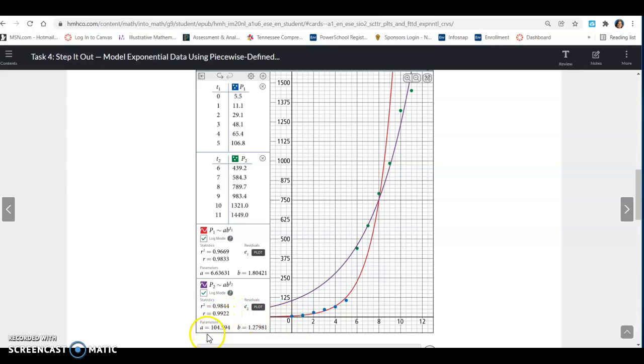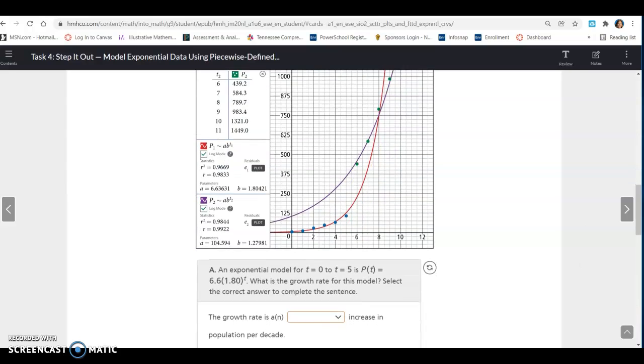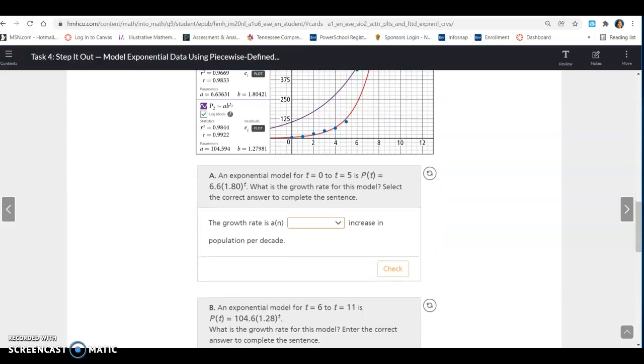And then the purple line has an A of 1.04 and a B of 1.279. Their R value is 0.99, so this is an even closer exponential curve based on this set of points. Both of those are very good models to represent the data.